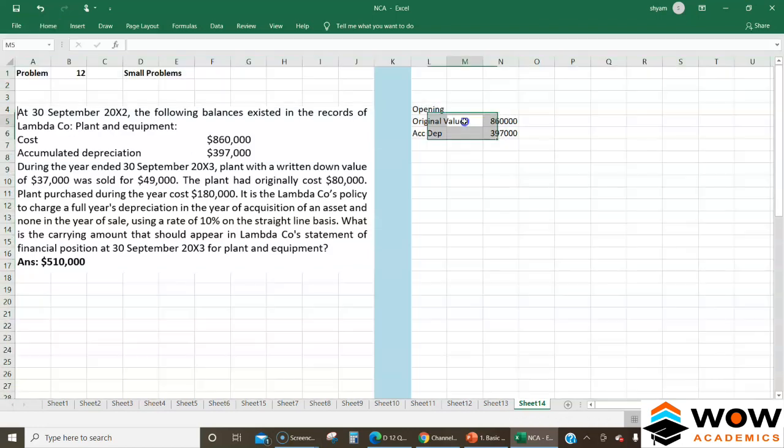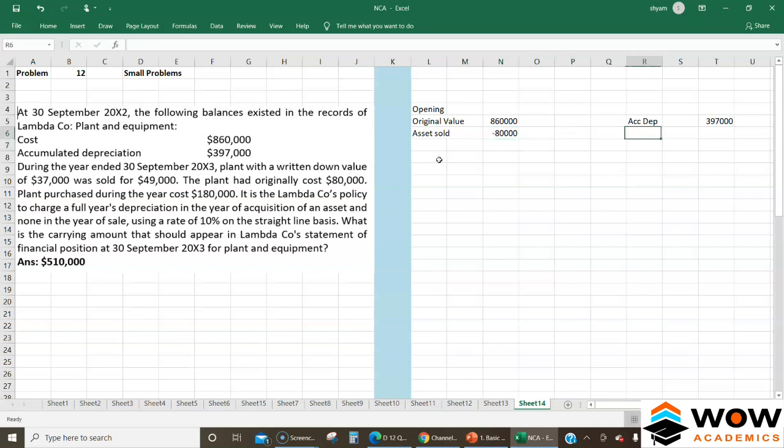So now we'll take the adjustments here. The first one is there is an asset that has been sold, and the asset sold has a carrying value of 80,000, so that we have to remove.